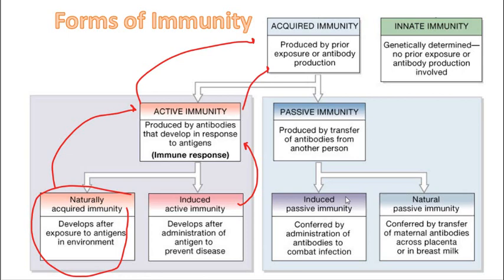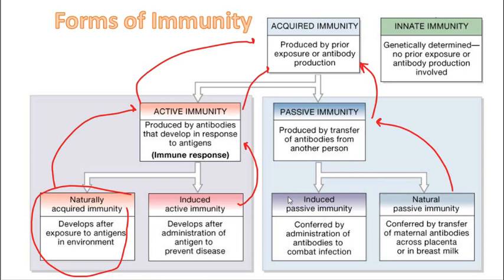Passive, on the other hand, could also be induced or natural. What is natural passive? When the mom passes immunity to the kids. Mom breastfeeds, and through the breast milk passes immunity to the kid. The kid didn't fight it. It was passively given. Consequently, the kid has immunity against that disease.